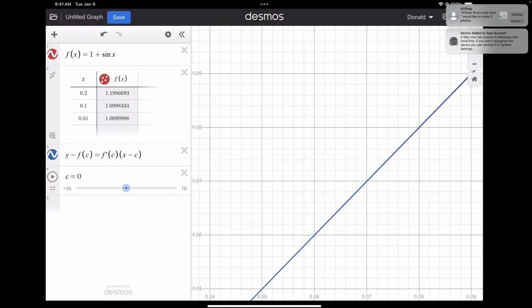Then here it is accurate to the 1/1000th place, because it's pretty accurate compared to that small situation. Now, if you go to 0.01, we are almost at 8 decimal places accuracy, because our approximation is 1.01 and the actual value is 1.0099999.